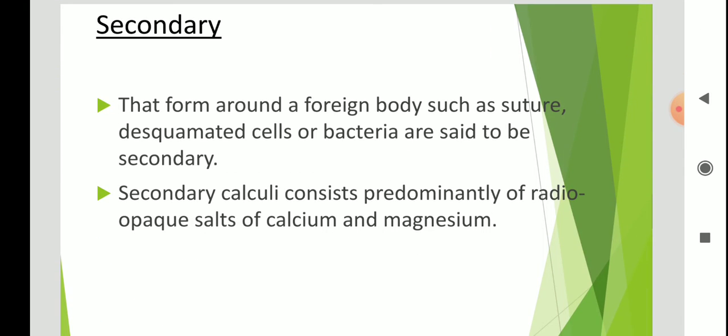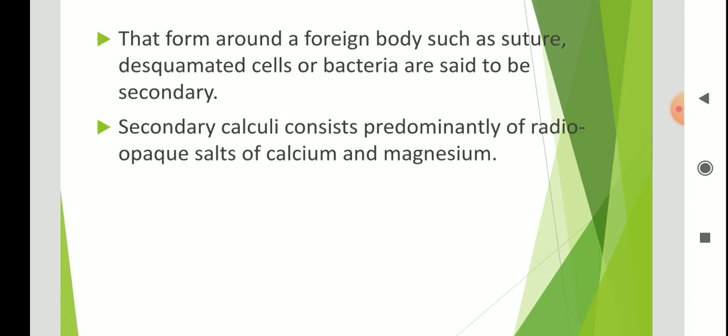Secondary calculi are formed around a foreign body such as suture material, desquamated cells, or bacteria. Secondary calculi consist predominantly of radio-opaque salts. Always remember this, radio-opaque salts. These are sonography-friendly stones, you can say.